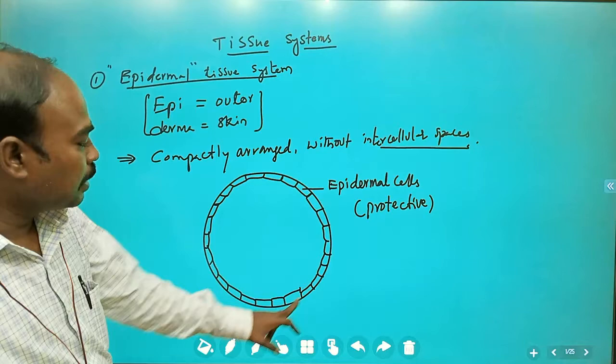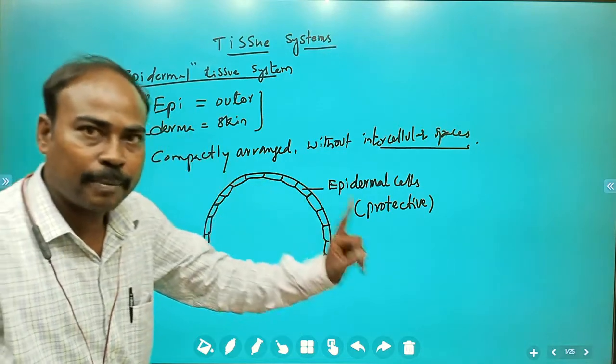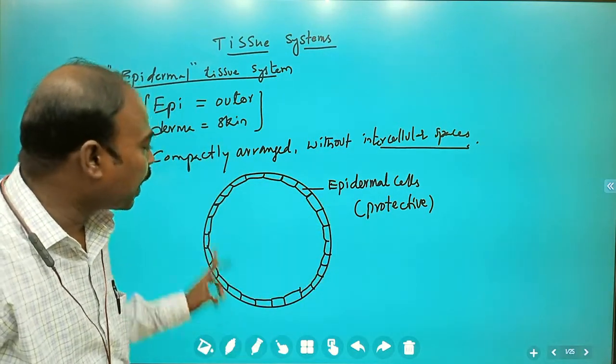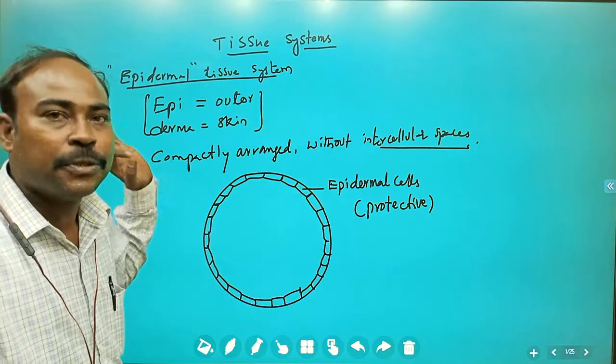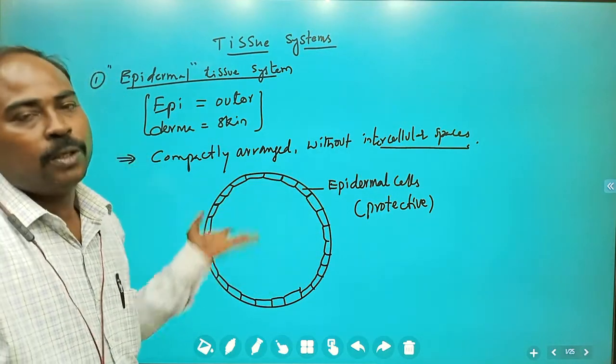So the epidermal cells are living cells, parenchyma cells. Without any gaps, they are compactly arranged, usually single layer.